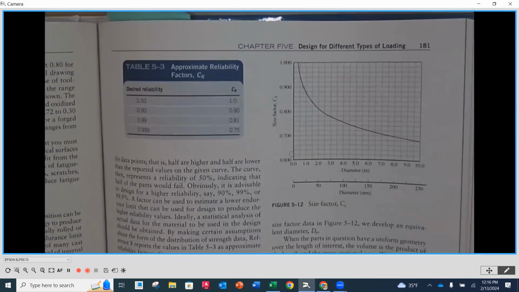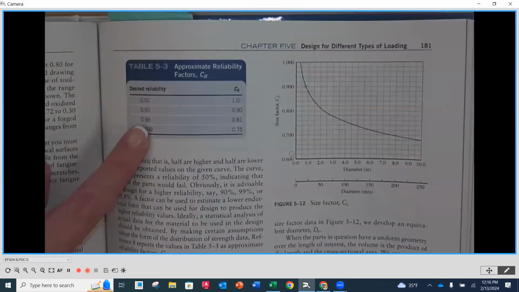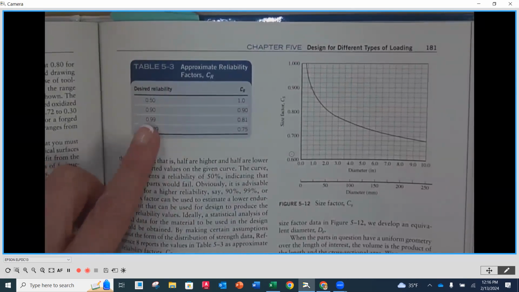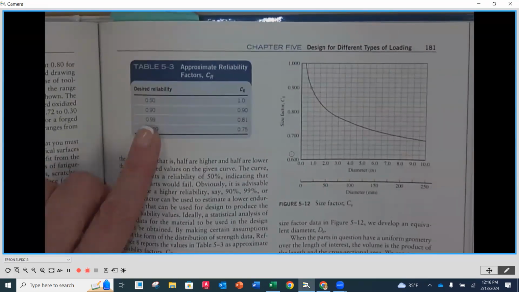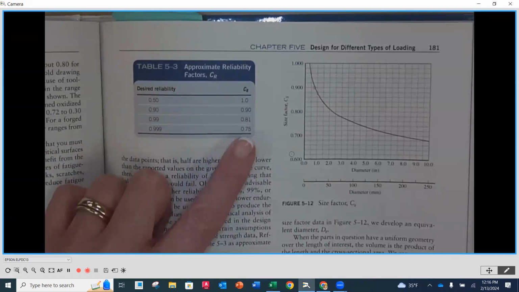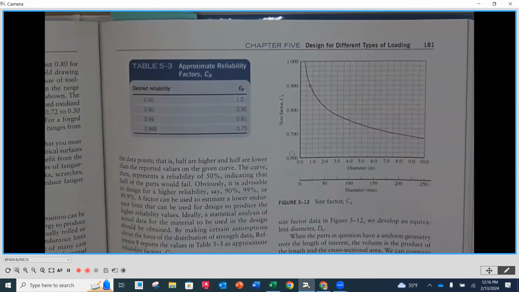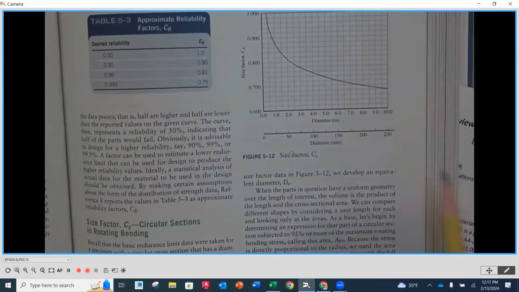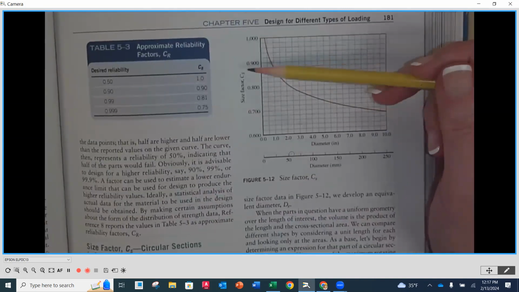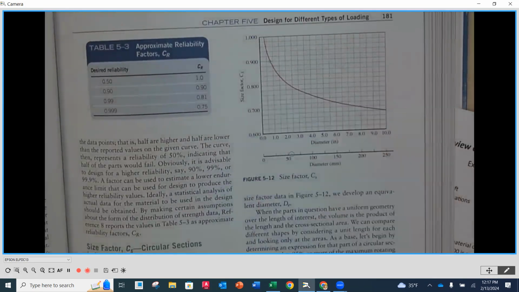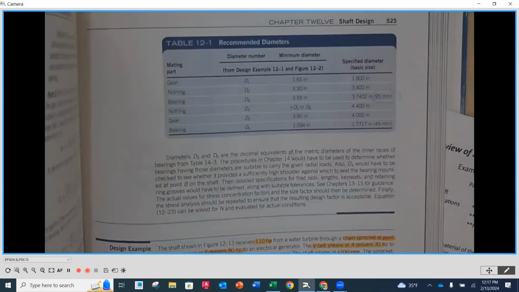As far as the reliability factor, this is looking down that first column, and they're using CR equal to 0.81. They're expecting a reliability of 99%. If you want to go higher, it wouldn't be unreasonable. You could use the 0.75, but they kept it at 0.81. And then as far as the size factor, it's right here. If we go up a little bit and find, they said 0.85.